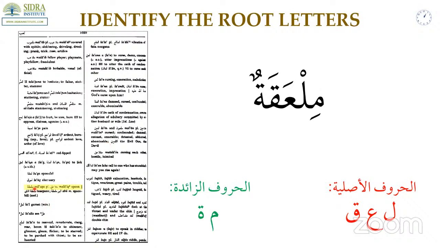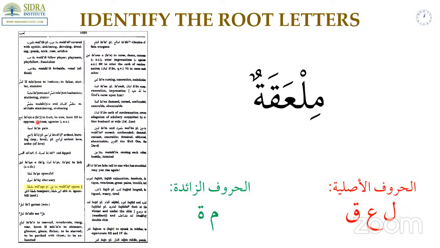Okay, so if you look here, at the top you've got lam, ain, and ba. Now someone may think, I thought we're checking under lam, ain, and qaf. Where's lam, ain, and qaf when we have lam, ain, and ba? The reason is that from lam, ain, and ba to lam, ain, and qaf, there are very few letters.